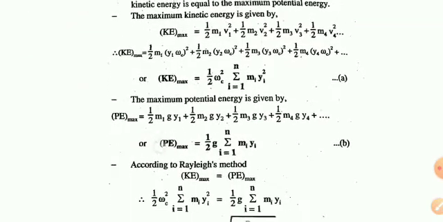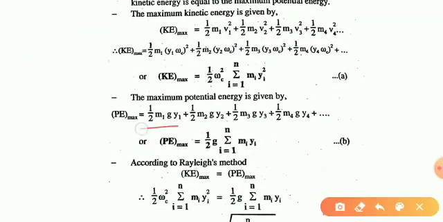So the potential energy will be 1 by 2 m1 g y1. For the second rotor it will be 1 by 2 m2 g y2. For the third rotor it will be 1 by 2 m3 g y3. Same way for multiple rotors we can write it in generalized form. The g and 1 by 2 are constant, so we take them outside. We can write sigma 1 to n mi yi. So this is the maximum potential energy.